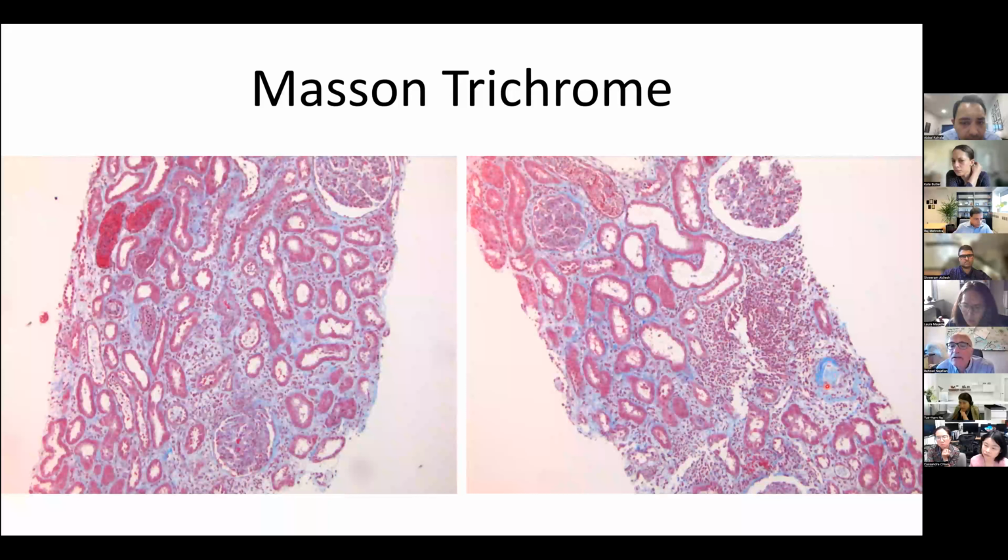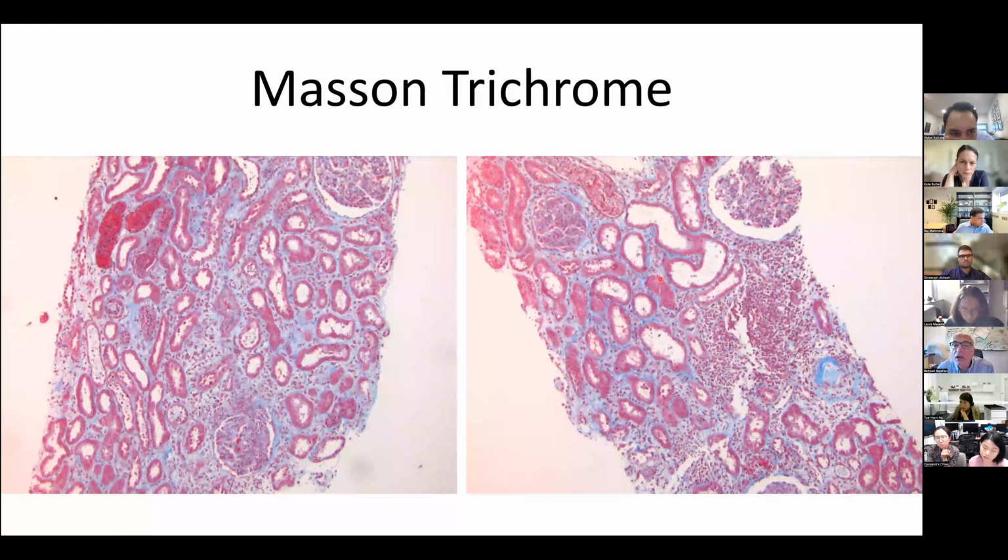The brighter, darker blue is that globally sclerotic glomerulus that I showed you. You see how dark blue that glomerulus is. So wherever you see darker or brighter blue, that means we have collagen deposition. And whenever you see that the blue is very pale, that means we have edema, so we're dealing with more acute conditions.